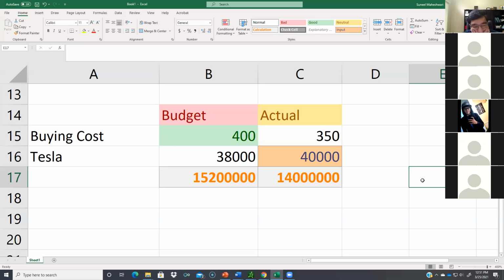I would say no, because you need to compare at the 350 at the 38,000, in which case you would have been spending more than you would have budgeted for that level of activity. So you see the confusion here?